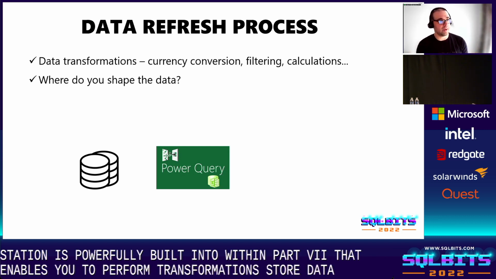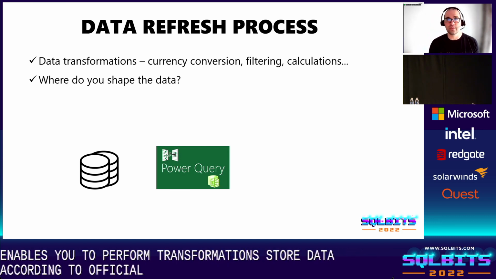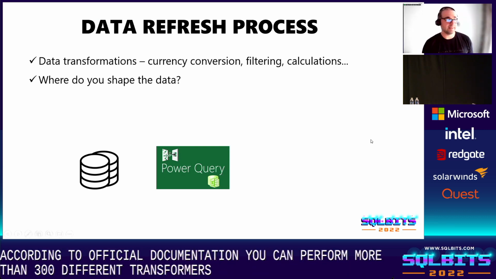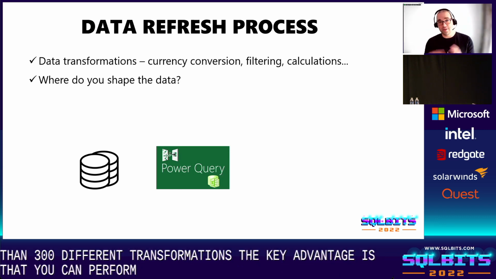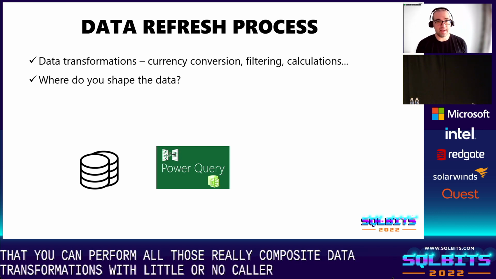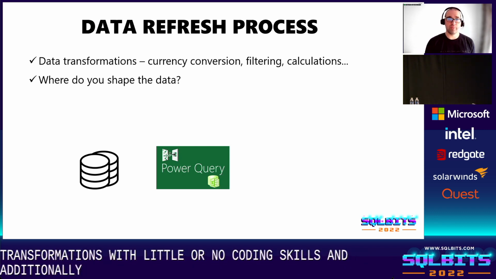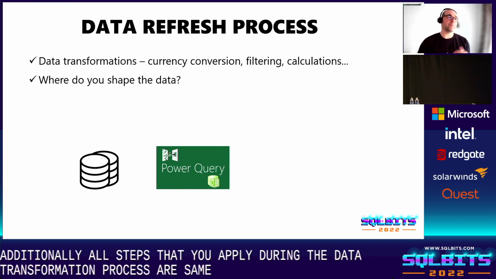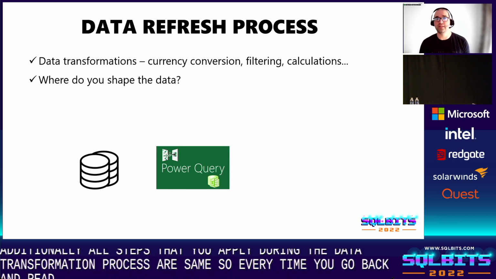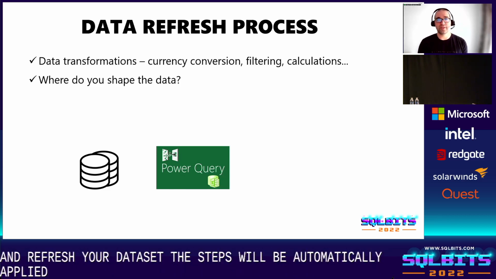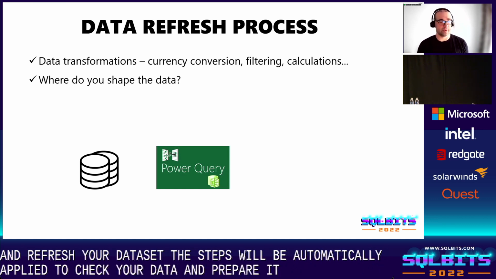According to official Microsoft documentation, you can perform more than 300 different transformations. The key advantage of Power Query is that you can perform all those really complex data transformations with little or no coding skills. And additionally, all steps that you applied during the data transformation process are saved. So every time you go back and refresh your data set, these steps will be automatically applied to shape your data and prepare it for the Power BI report.